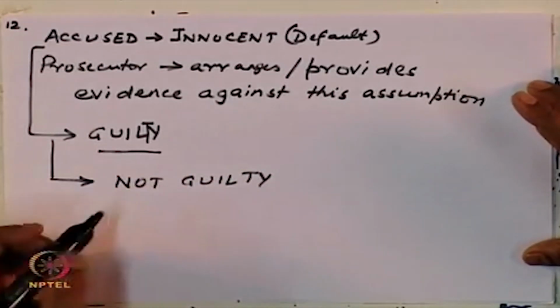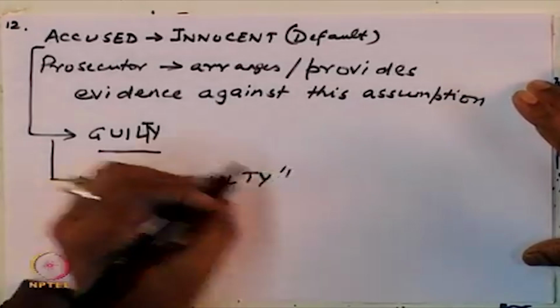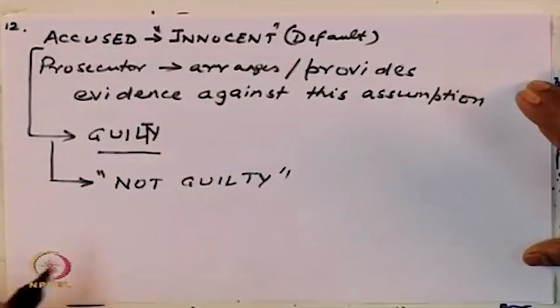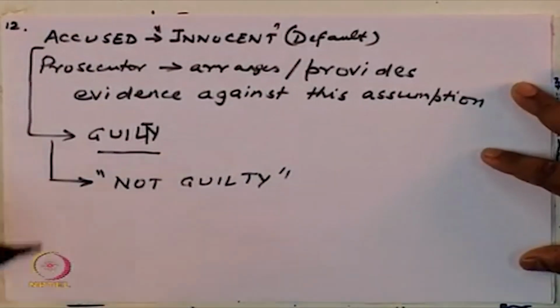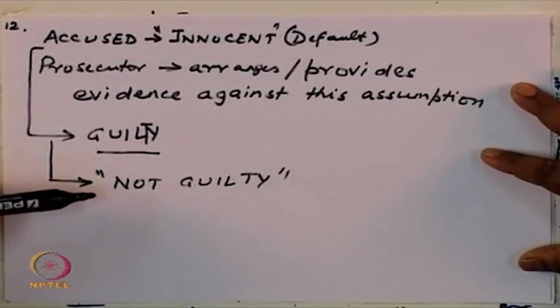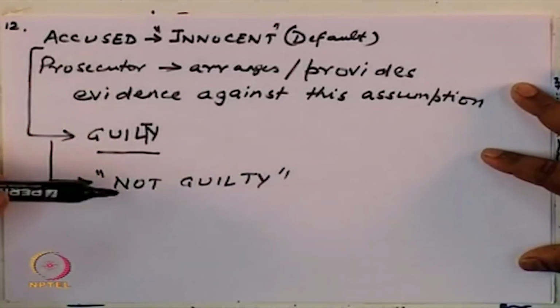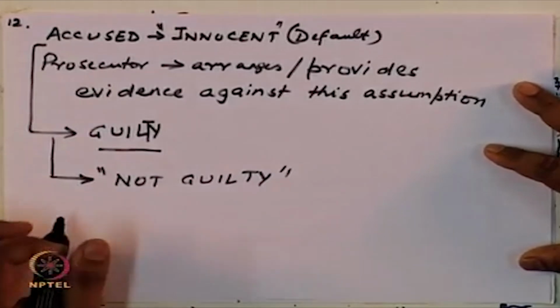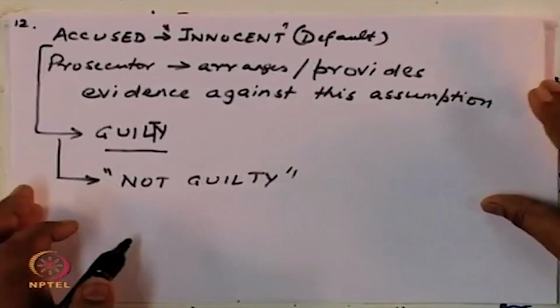So, note the difference, not guilty and innocent is not the same. It just says that there was not sufficient evidence to label this person as guilty. So, how do we go about doing a testing of hypothesis?